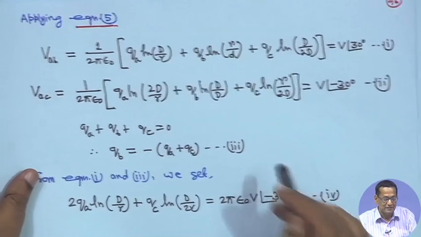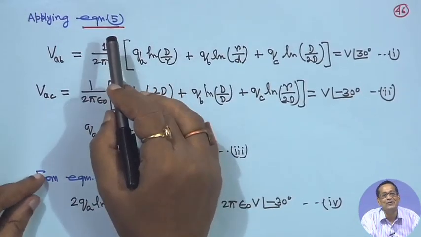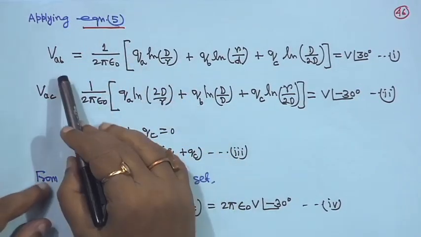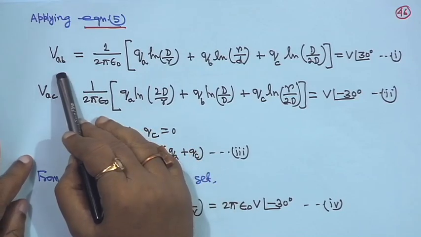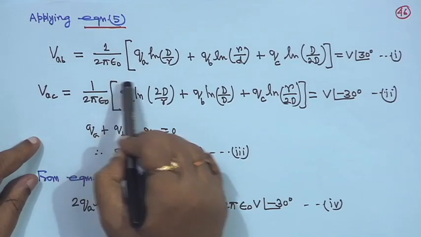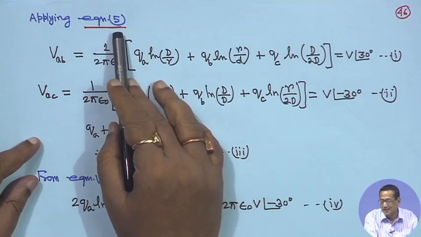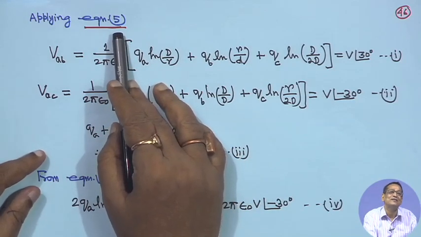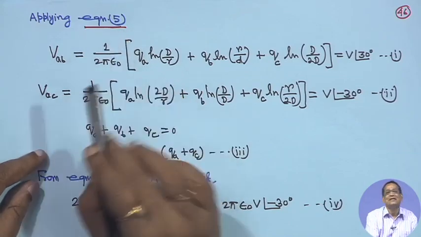So, now apply equation 5. Again you have to go back to equation 5 and apply it for line voltage, say VAB. So, VAB is equal to 1 upon 2 pi epsilon 0. I am not showing equation 5 again, it has already been derived, just to apply that, right.